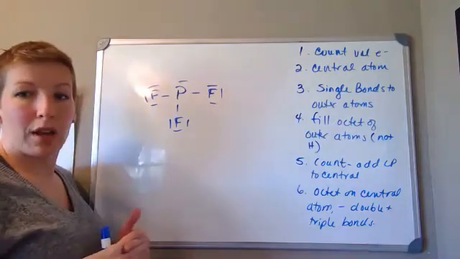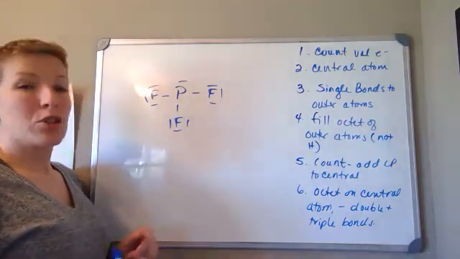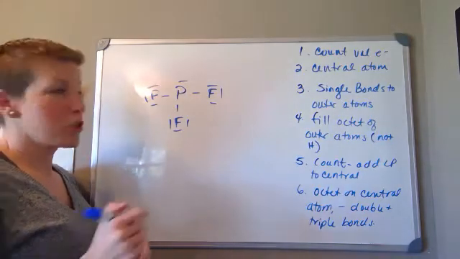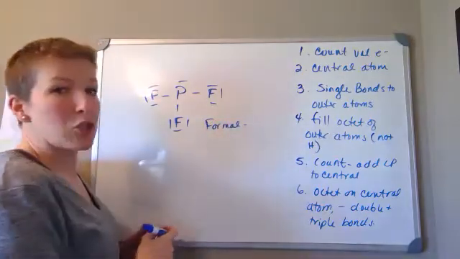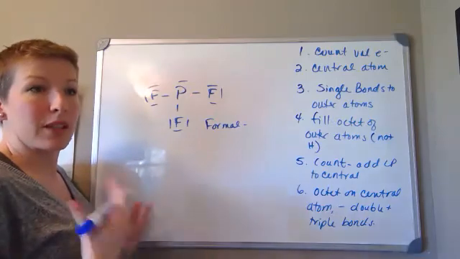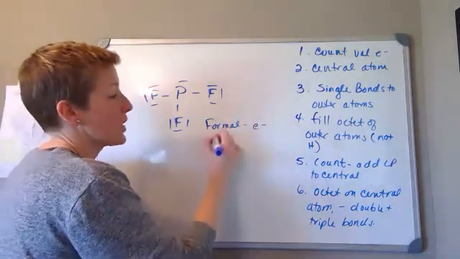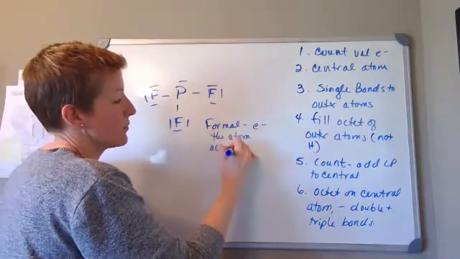That's counting for an octet. So we can reuse them basically. What we're going to talk about now is called formal charge. And what formal charge is, it's the actual electrons that the atom is in charge of, right? So the electrons the atom actually has.